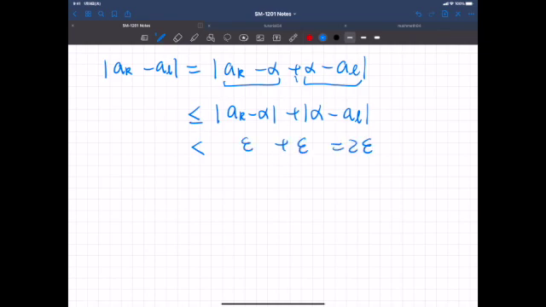So in total, a_k minus a_l, their difference, is less than 2 epsilon. And of course, 2 epsilon is an arbitrary positive real number.